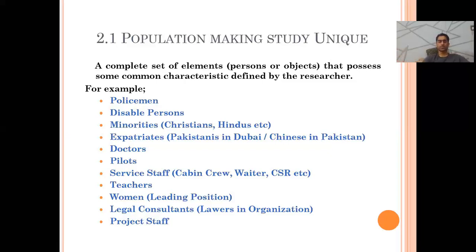So I'm contributing to Pakistan, but that is simply not the case if you're working in Dubai, because you are not working for your country, you are working for some other companies and for the businessmen. To what extent you are loyal with the organization, that can be a good topic to research.